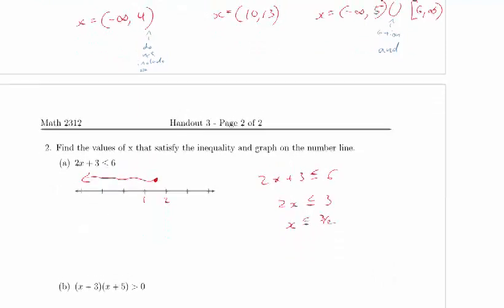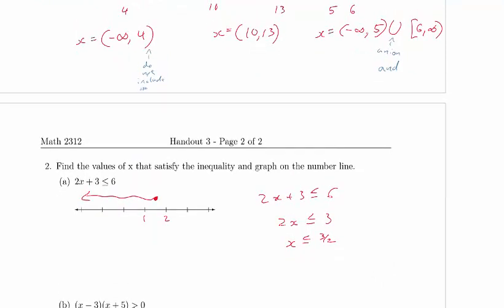All right, so before going on to the next one, what if we had a different type? I'll do this in a different color so it stands out better. How would we handle, say, negative 2x is less than 10? How would you calculate that? Well, first you got to divide by negative 2. And so you have x is, well, we're going to leave this blank for right now, but it will be something negative 5, right?